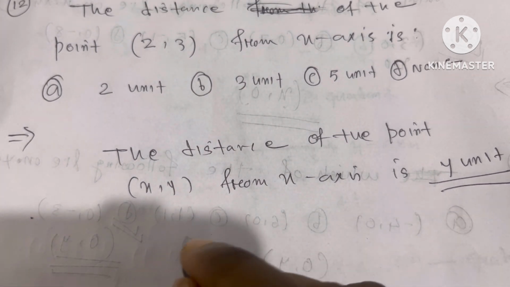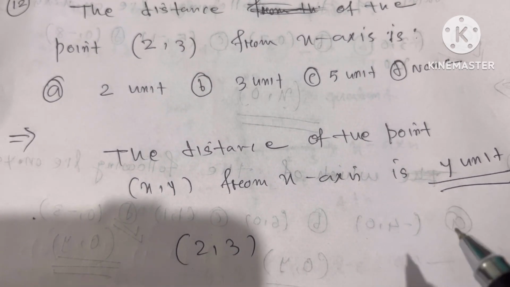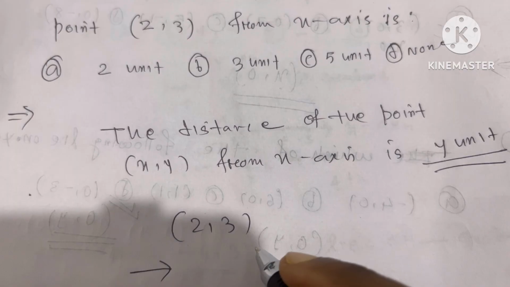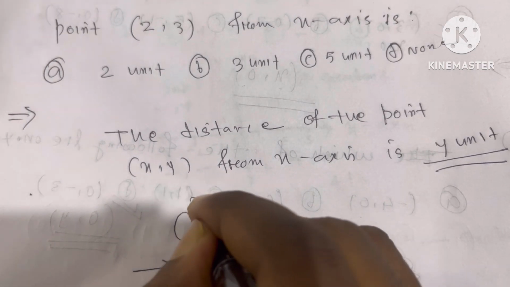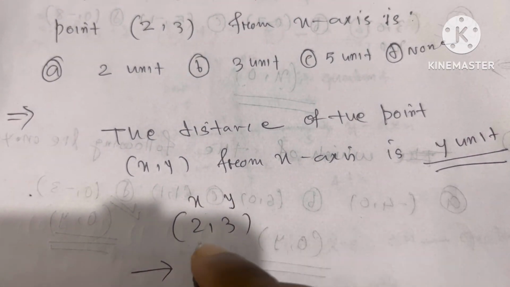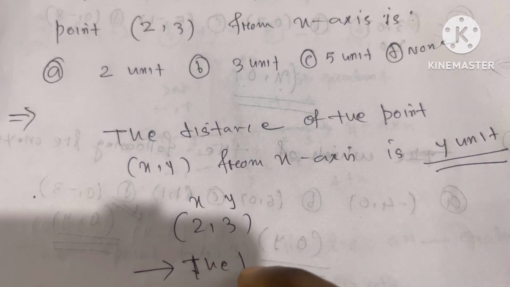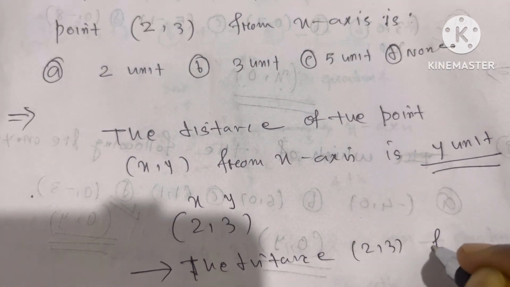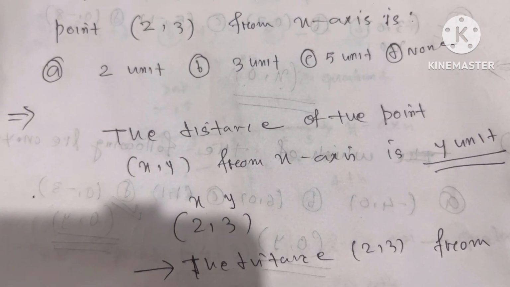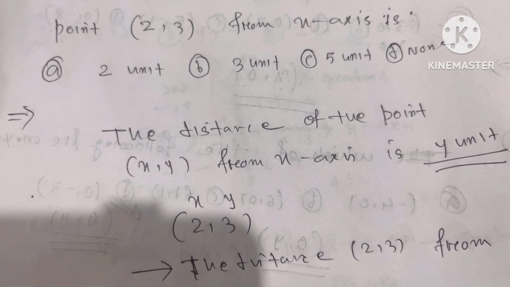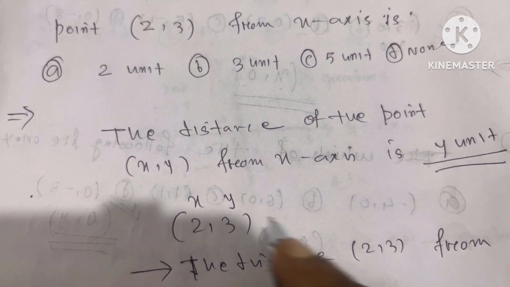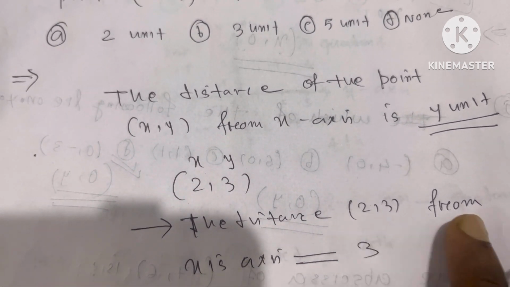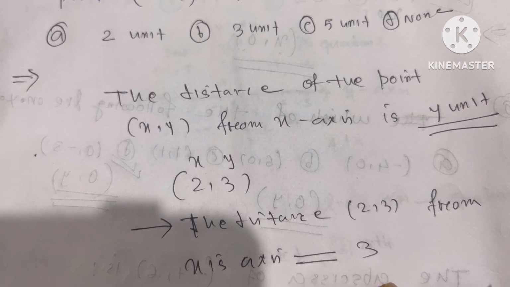Now our point is 2 comma 3. The distance from the x-axis means the coordinate of y. This is the value of x, and this is the value of y. So the distance of 2 comma 3 from the x-axis means the value of y, which is 3.